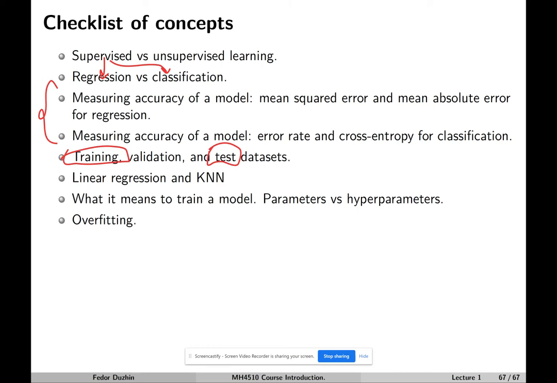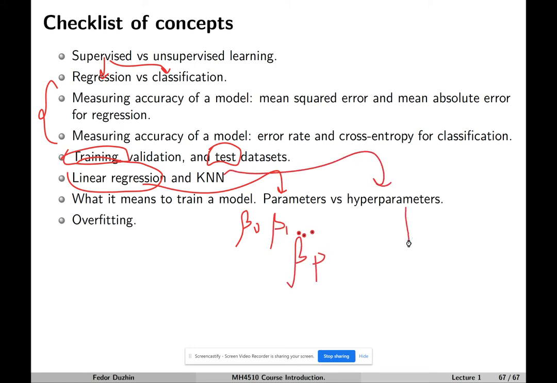Then we have reviewed linear regression, and we have introduced a new model, KNN, K nearest neighbors. Parameters versus hyperparameters. Recall that linear regression has parameters, beta 0, beta 1, and so on, beta p.